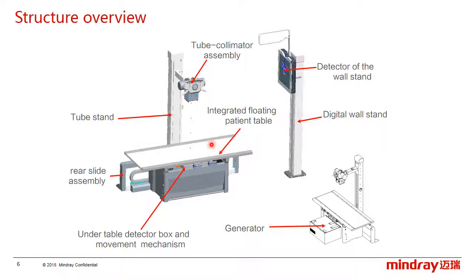Integrated means that the table is mounted and fixed on the floor, and floating means that the tabletop can be moved. Under the patient table is the detector box and the movement mechanism. And at last, the generator is located under the patient table.